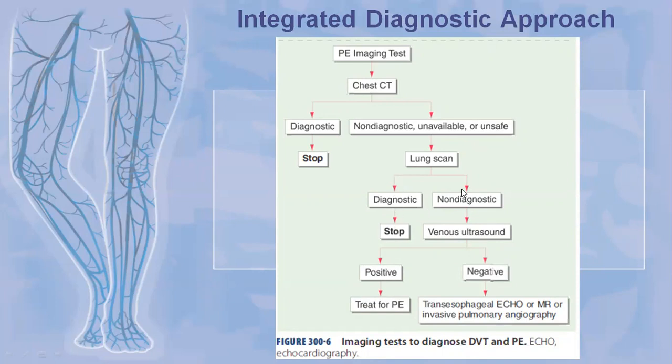If non-diagnostic, perform venous ultrasound. If it's negative, you further do MR, transesophageal echo, or invasive pulmonary angiography. But if it's positive, you treat immediately for pulmonary embolism.